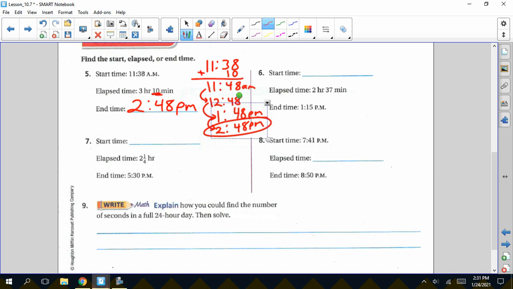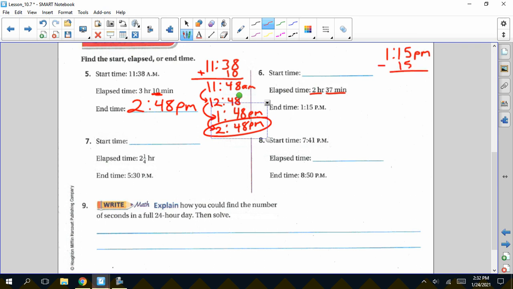Number 6, we don't know the start time. We know the elapsed time is 2 hours and 37 minutes, and our end time was 1:15 p.m. So we can start at 1:15 p.m. and count backwards 2 hours and 37 minutes. So first, we're going to count back 15 minutes.